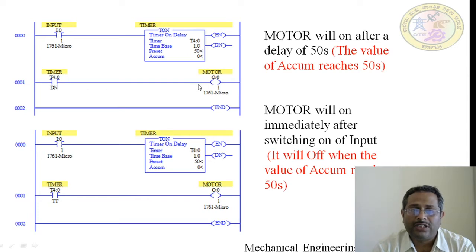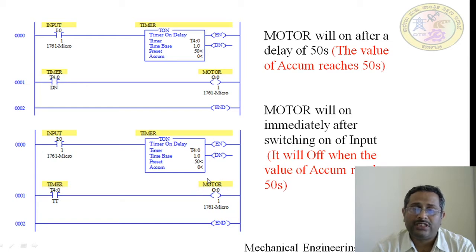But for this same example, if you use the TT bit, the motor is switched on immediately when the input button is switched on, and it stays on until the accumulated value reaches the preset value, that is 50 seconds. Once it reaches 50 seconds, the motor will be switched off.